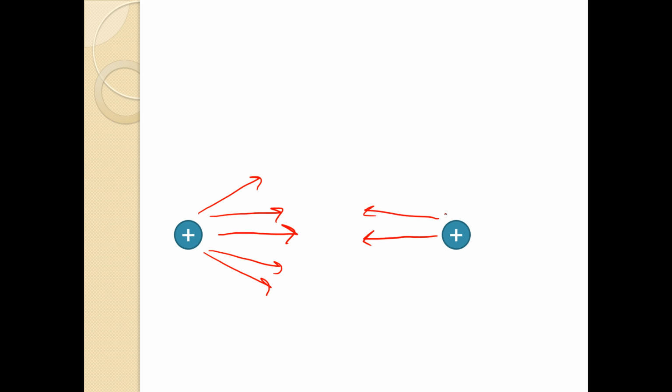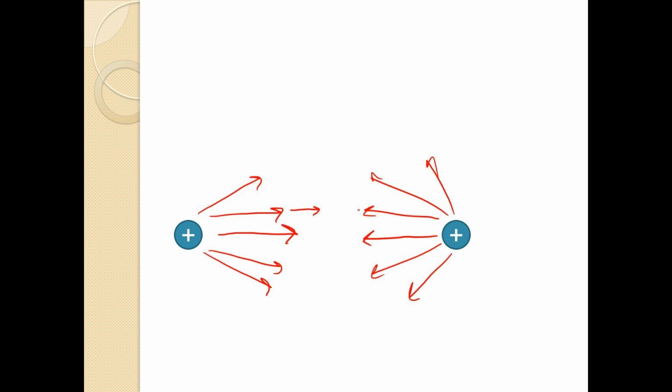The positive charges have electric field lines that radiate outwards, like this.